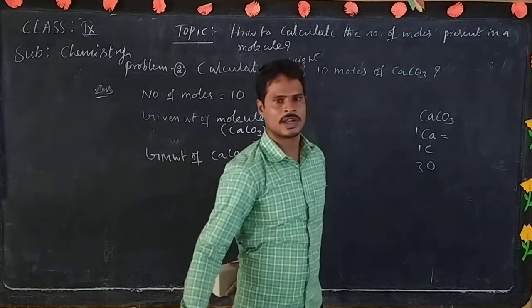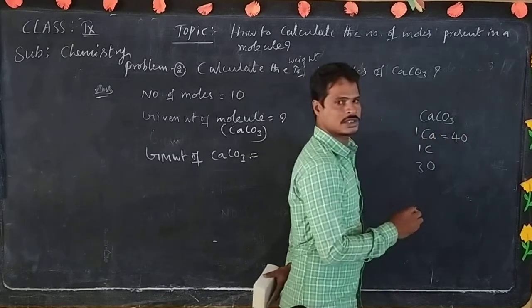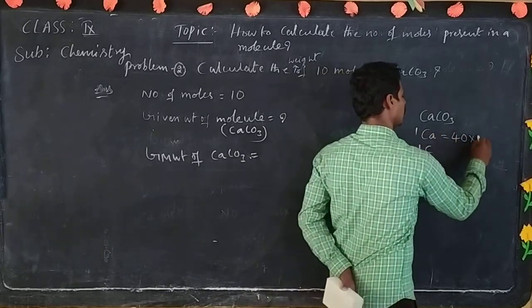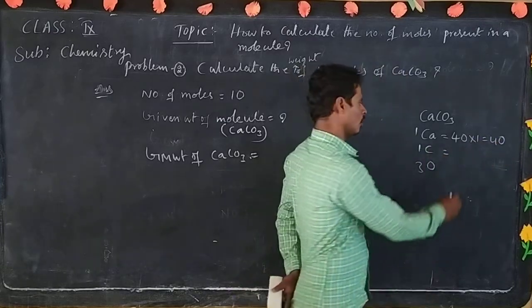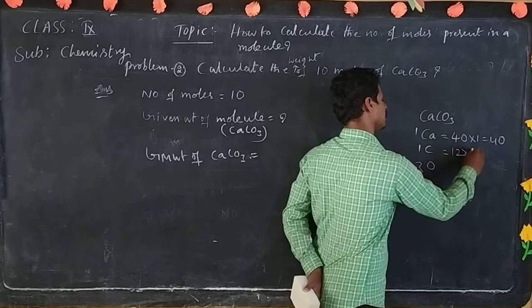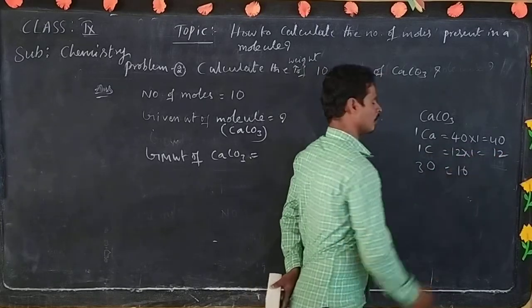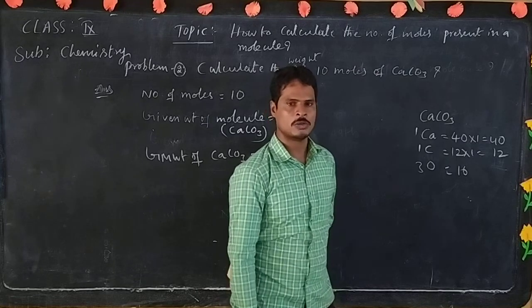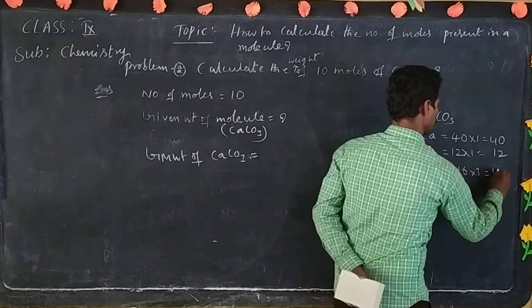What is the atomic weight of calcium? 40. How many calciums are there? 1. 1 into 40, 40. Next, atomic weight of carbon is 12. How many carbons are there? 1. 12 into 1 equal to 12. Next, oxygen atomic weight is 16. Here how many oxygens are there? 3 oxygens. That's why 3 into 16 equal to 48.